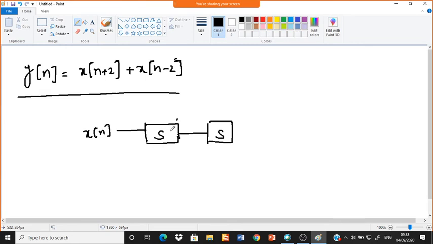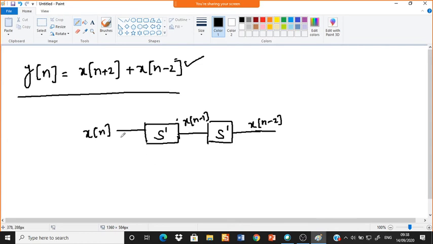We can do it like this, s power 1, and the shifted version is x minus 1. One more operator will give x of n minus 2. So this is the desired signal.